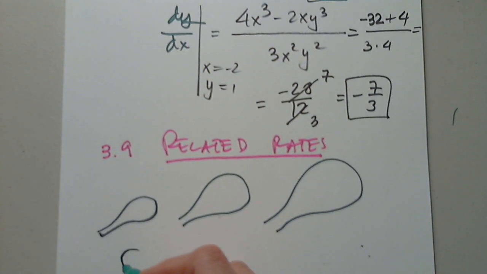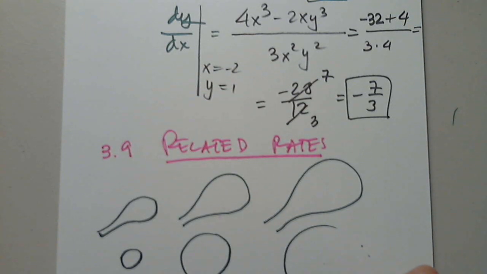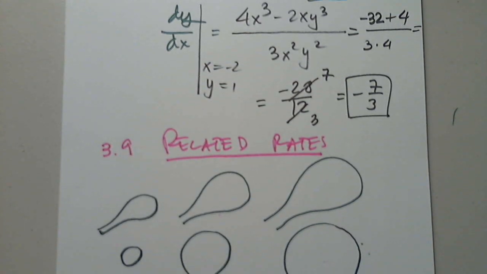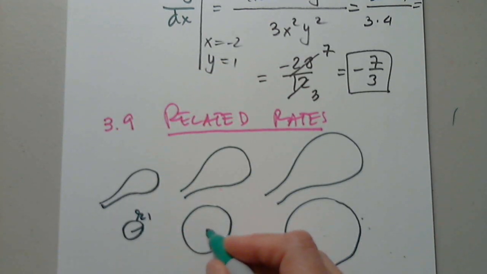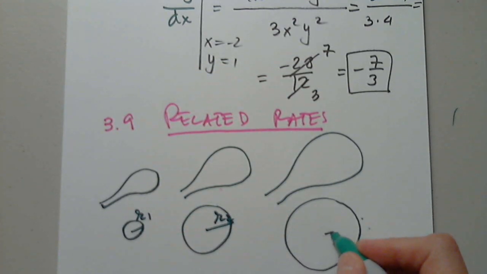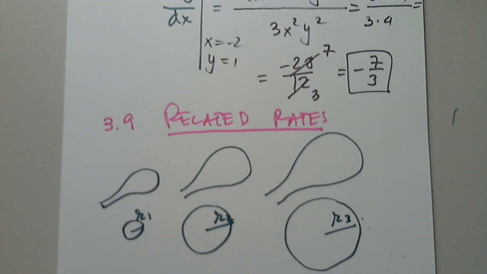So I have a small sphere at first, a bigger sphere, and a bigger sphere. What really happens here? The radius R1, R2, R3. So when I pump air in the balloon, let's say initially it had 1 inch, now it has 5, now it has 15 or whatever.